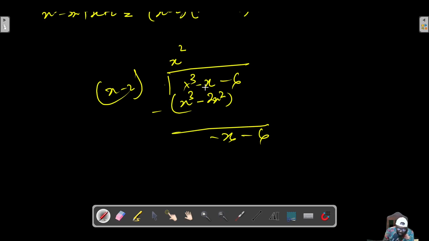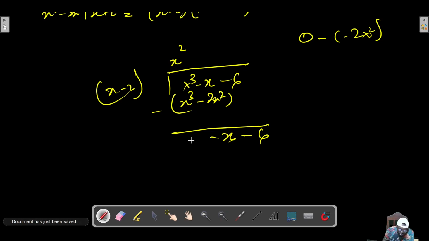Now 0 minus 2x squared, because there's no x squared term here, so we assume that the coefficient of the x squared term is 0. So 0 minus 2x squared. What do we end up with?